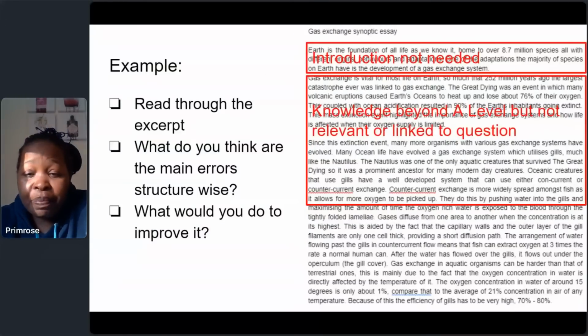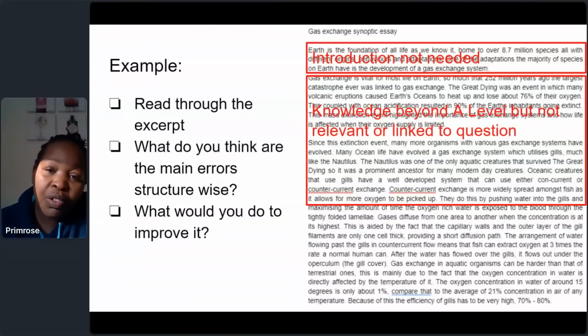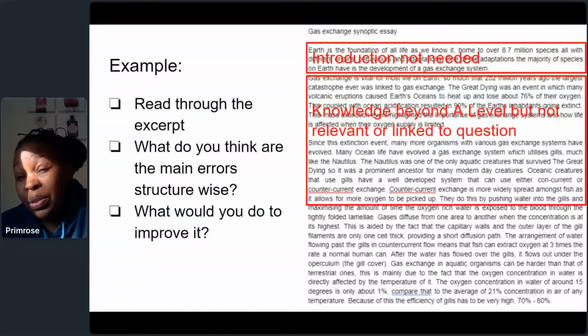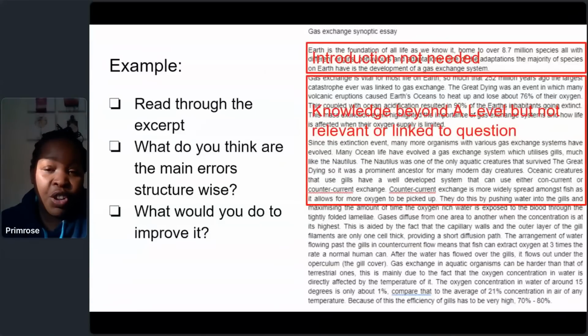They've talked about importance for life, but again, very vague. So this would already be marked in the category of multistructural. And depending on what else they included later, it probably would be on the lower end, because they haven't included much else. The first couple of sections are talking about beyond the spec, but it's not directly linked to processes as well. And remember, gas exchange is a process.